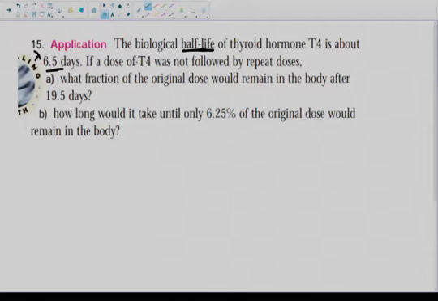Because they didn't give us the original dose, we're free to choose whatever number we want for that original dose. But the easiest value to use is either 1 or 100. Again, if we talk about our original dose, we're going to call it A0, 100, meaning 100%.